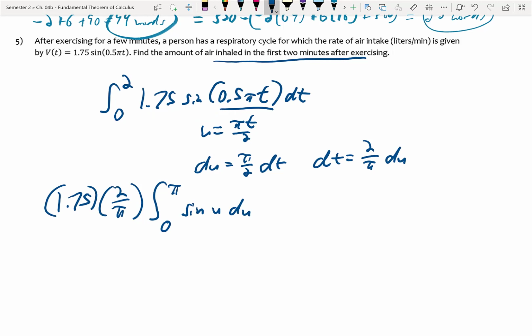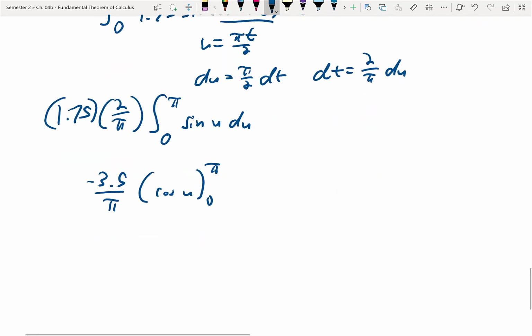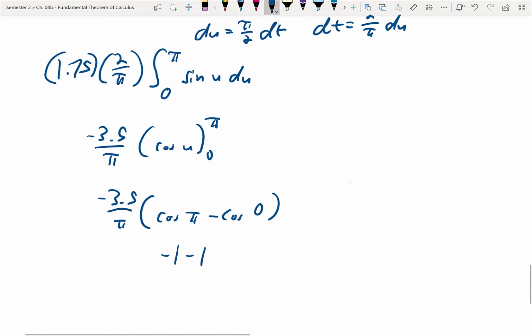The integral of sine is negative cosine. 2 times 1.75 is 3.5, so this becomes negative 3.5 over pi times the cosine of u from 0 to pi, which is negative 3.5 over pi times the cosine of pi minus the cosine of 0, which is negative 1 minus 1.